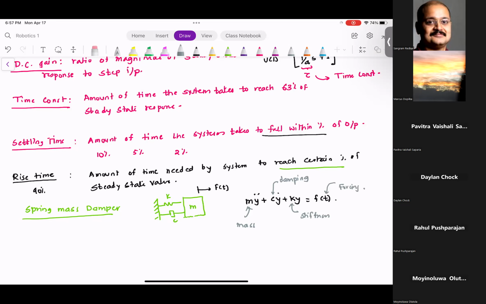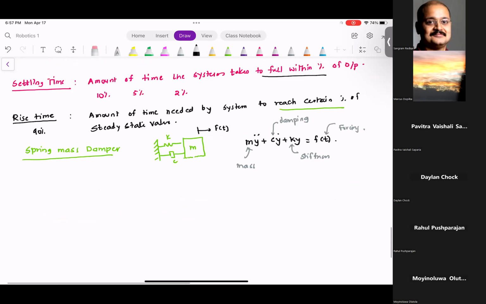So if I want to find out the transfer function of this system, then I can convert this differential equation into m s squared Y of s plus c s Y of s plus k Y of s is equal to F of s.